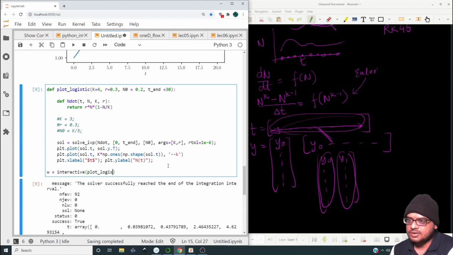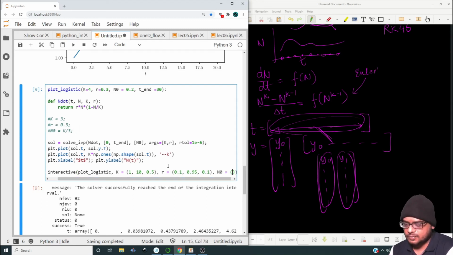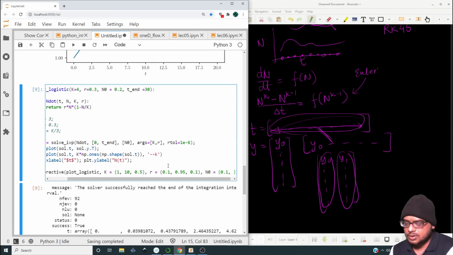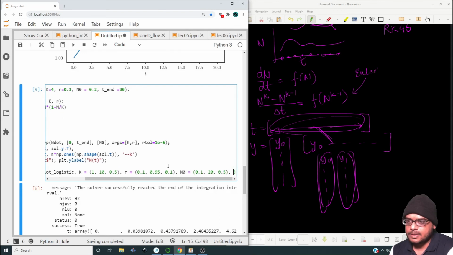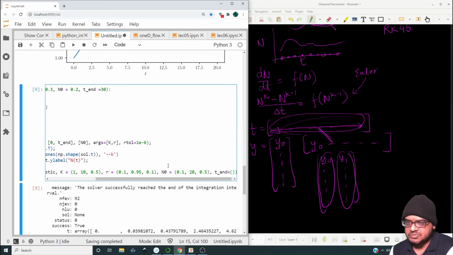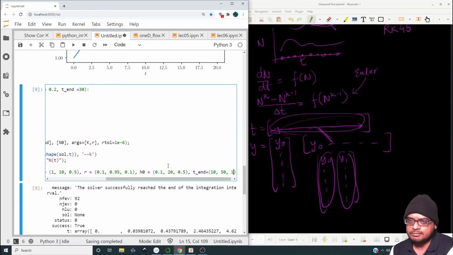So plot_logistic, we will say k goes from 1 to 10 in steps of 0.5, r goes from 0.1 to 0.95 in steps of 0.1, and n0 should go from 0.1 to 20 in steps of 0.5, and t_end should go from 10 to 50 in steps of 10.